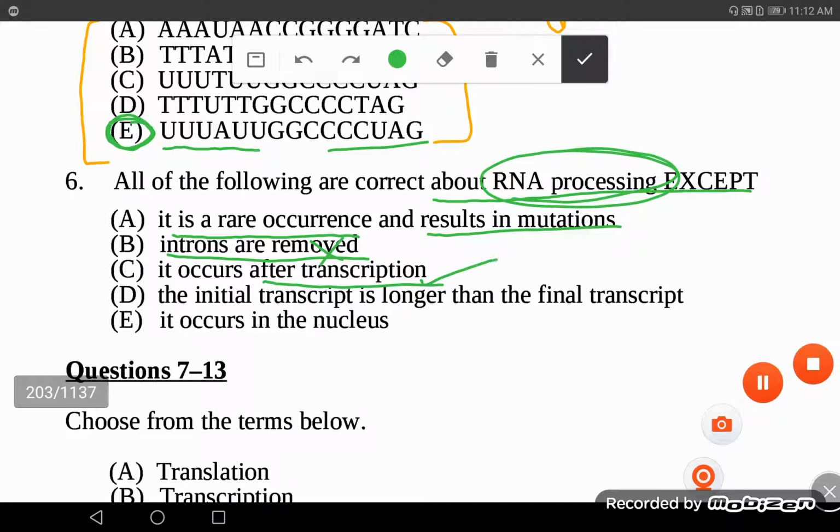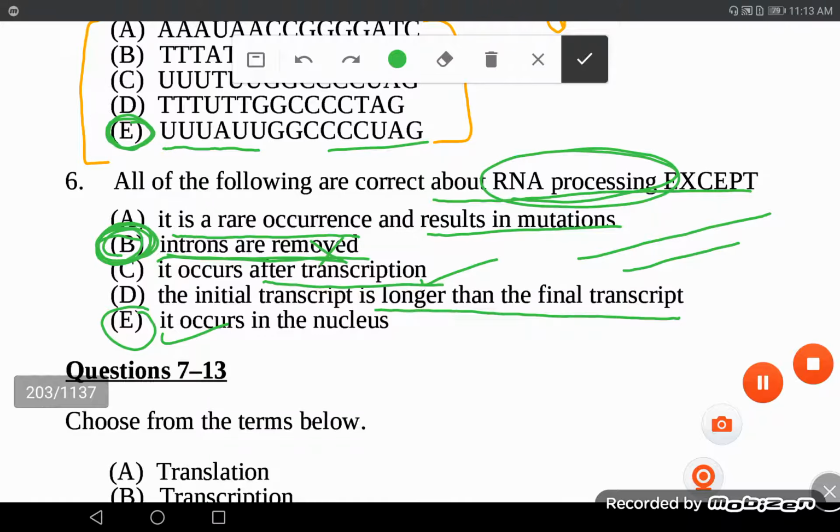Exactly, when the transcription is finished, the RNA processing will start. The initial transcript is longer than the final transcript. Exactly, because of the removal of the introns, the final transcript will be shorter. It occurs inside the nucleus. Yes, it occurs inside the nucleus.